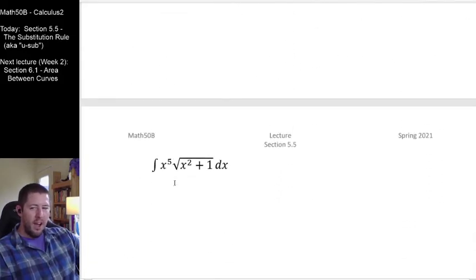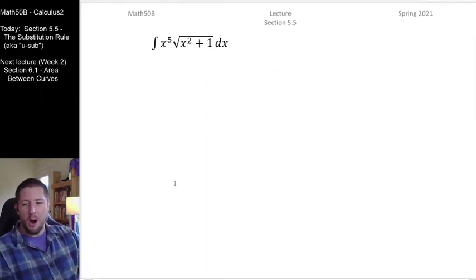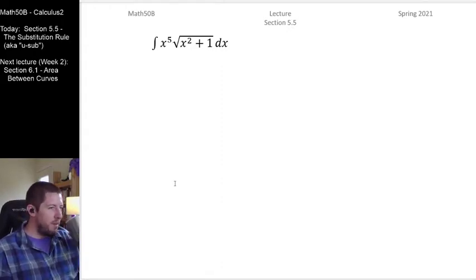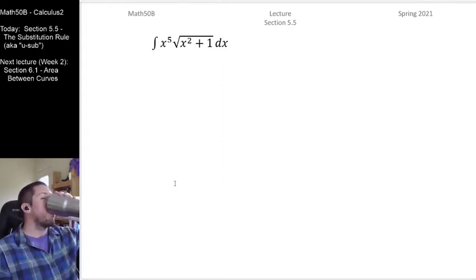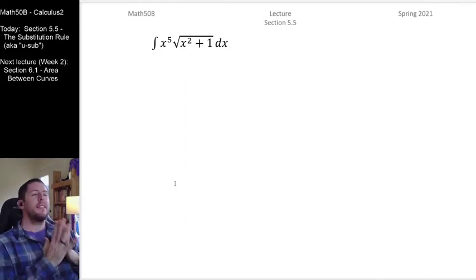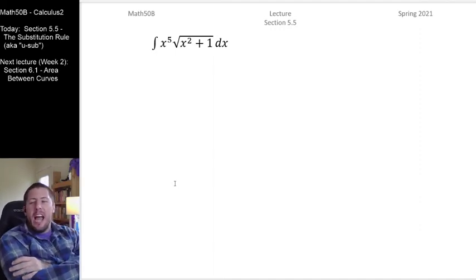Now, our next one, I'm going to put in the category of actually a little bit harder. I think that tangent one was pretty okay once we got in terms of sine and cosine. This one's a little weirder, but I like this one a lot. In this one, I'm thinking to myself, I wish I had a product rule.